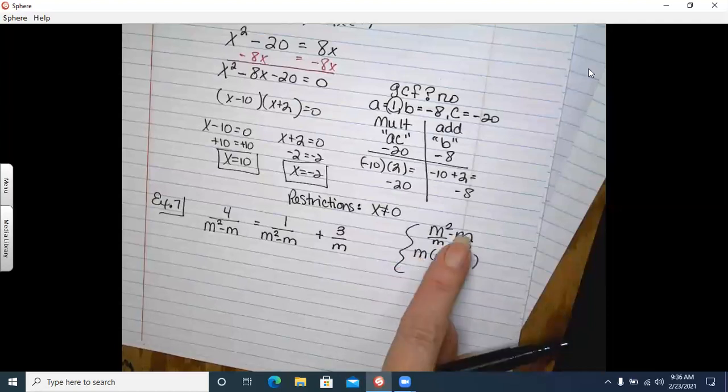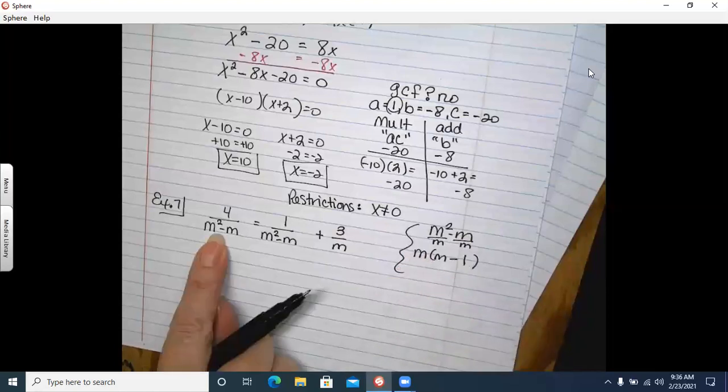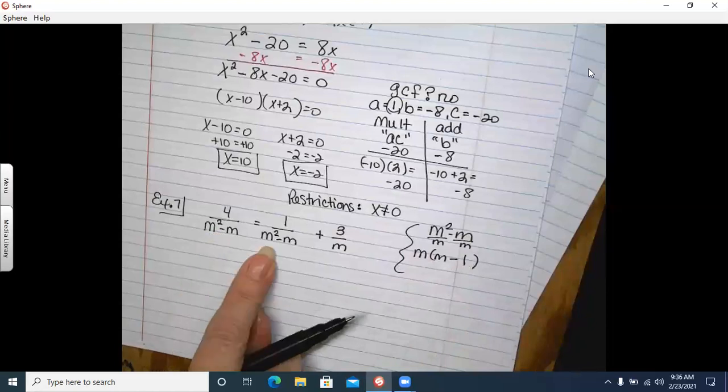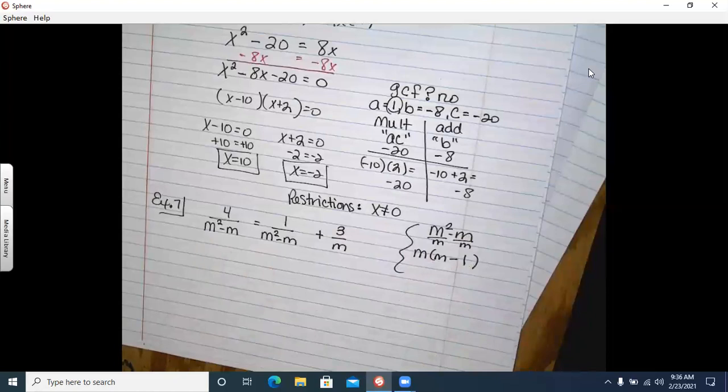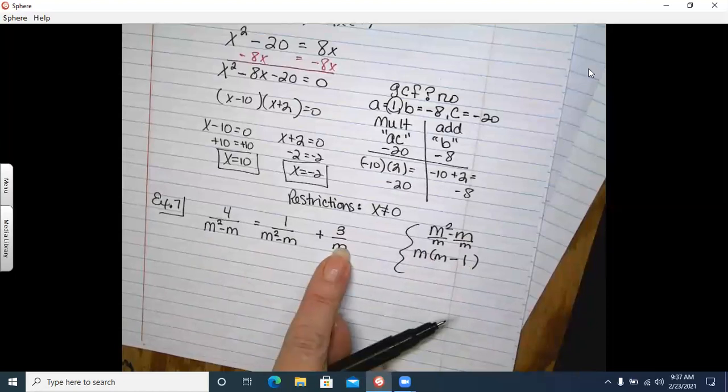If I put an m here, m times negative m would be negative m squared. That's not the same. And so this would also factor to the same thing, right? Because they're the same. And you'd also need an m because this m would not be included.